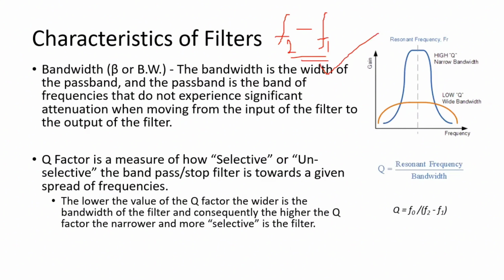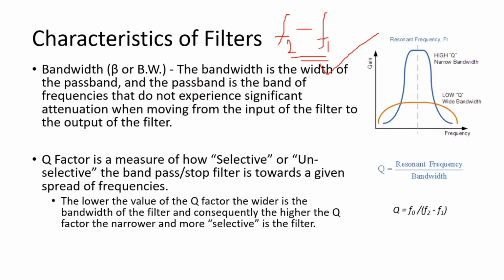Okay, then the other thing is, with the bandwidth, we can have a Q factor. The Q factor is the parameter to measure how selective or unselective a band pass or stop filter is toward a given spread of frequencies. To select a band pass or band reject filter, we need to have a clear idea about the Q factor.